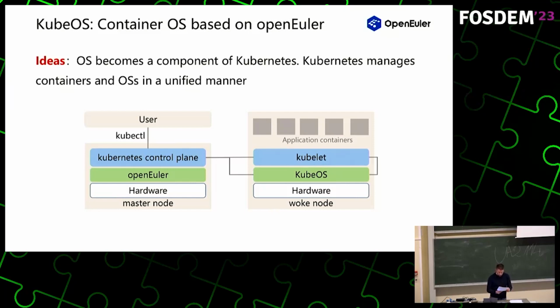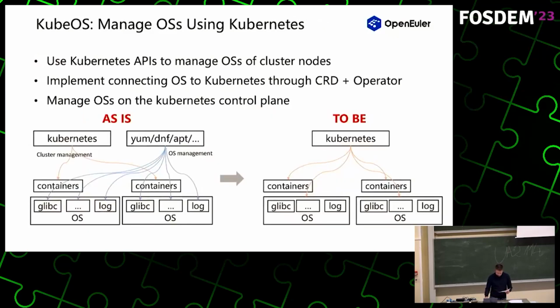The OS of the cluster worker nodes can be managed, and this OS is connected to the cluster as a Kubernetes component, putting it in the same position as the other resources in the cluster, so containers and operating system can be managed in a unified way through Kubernetes. The openEuler-based reconstruction is used so that the operating system can be updated atomically, to avoid the problems I introduced before. Now we are going to go a little more in depth about KubeOS.